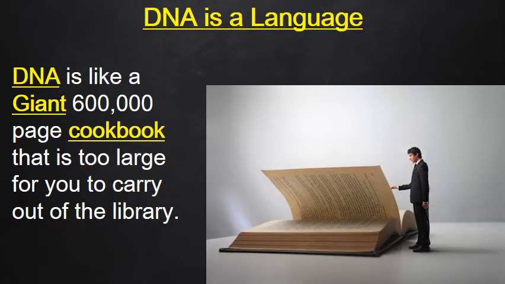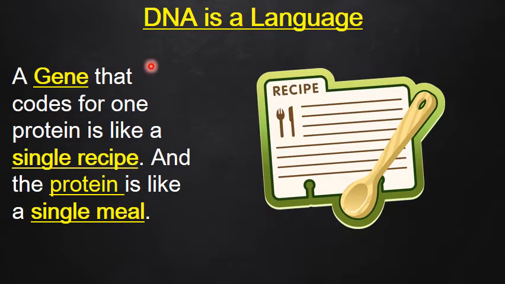DNA is like a giant 600,000 page cookbook that is too large for you to carry out of the library. For perspective, think about carrying 600 of your textbooks. While a gene that codes for one protein is like a single recipe, and the protein is like a single meal.